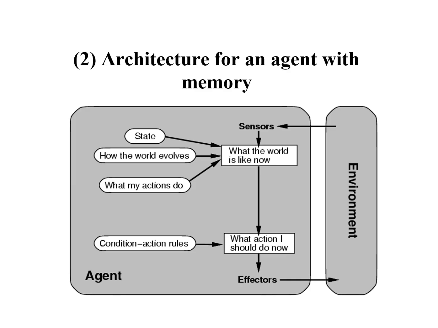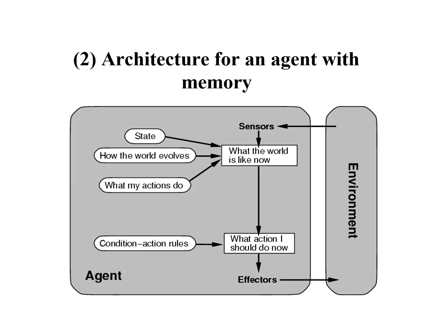Here we can know about state, how the world evolves, what my actions do, and it passes on to what action I should do now. Here we use condition-action rules, and an effector passes the action on to the environment. The agent and environment communicate through the sensors and effectors.